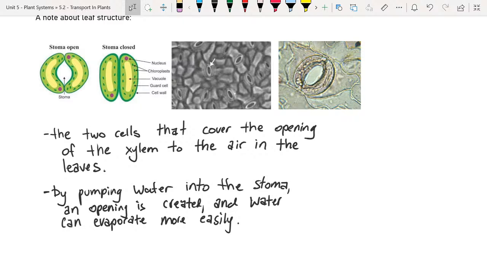Here's the thing. All of that pull, all the water pulling up, actually makes plants a little bit taller and a little bit skinnier. Even trees. You can test this. If you pick a tree in your backyard, nice big one, and measure around it during the daytime, when the stoma are open and water is being pulled up, and then measure around it again at nighttime.